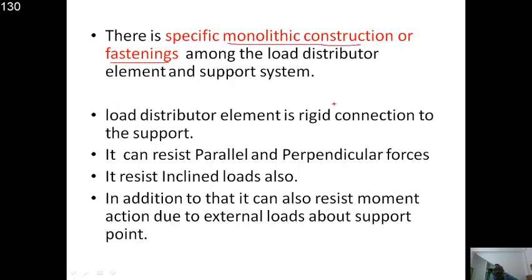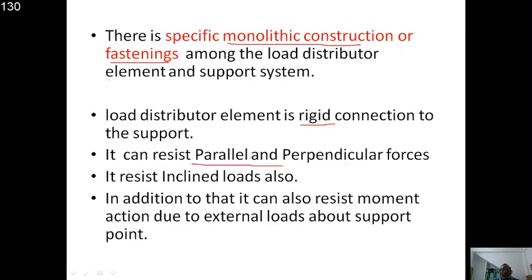So those structures should be constructed with the same material or can be tightened with some fittings so that the rigid connection is developed between the objects. The load distributing element has a rigid connection to the support, so that it can produce the force and moment resistance.